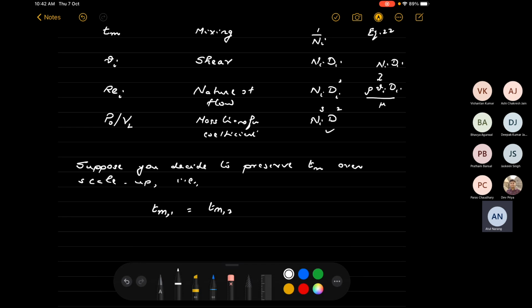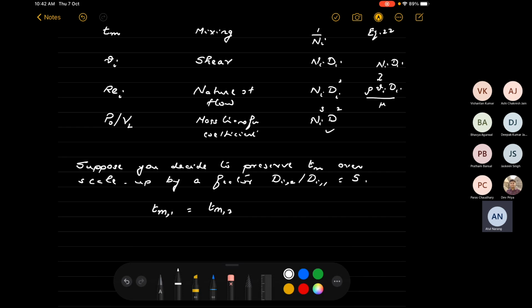And let me also define over scale up by a factor di2 over di1 equal to 5.